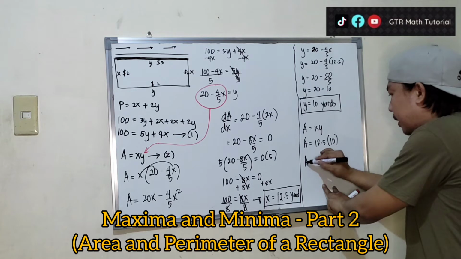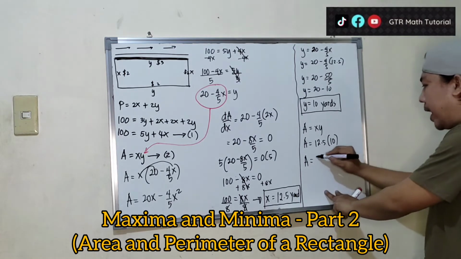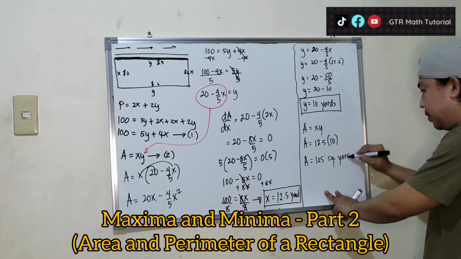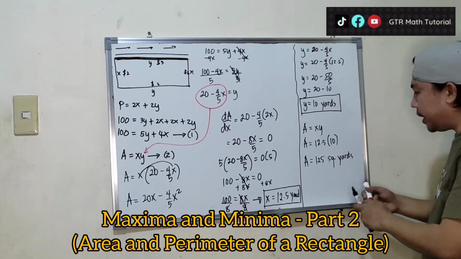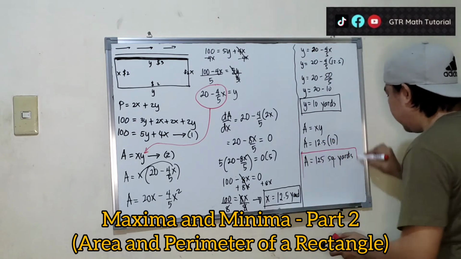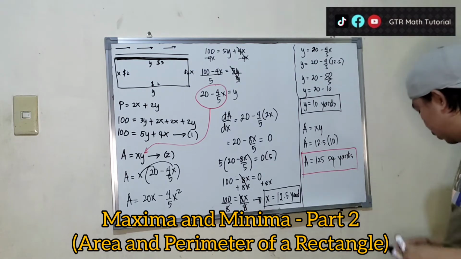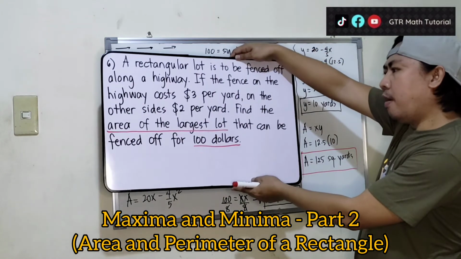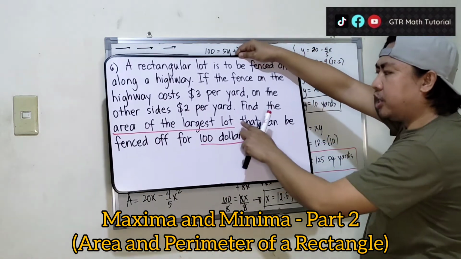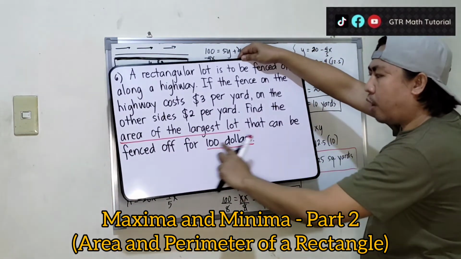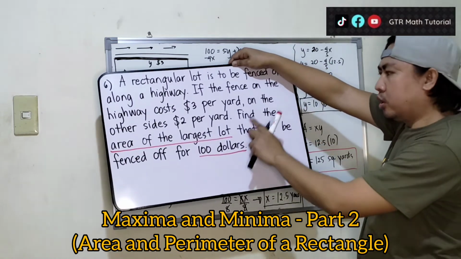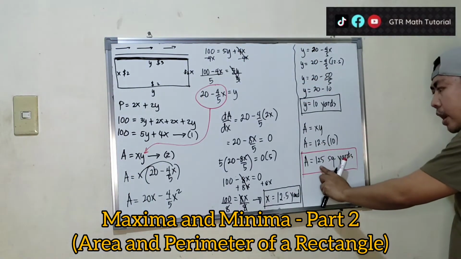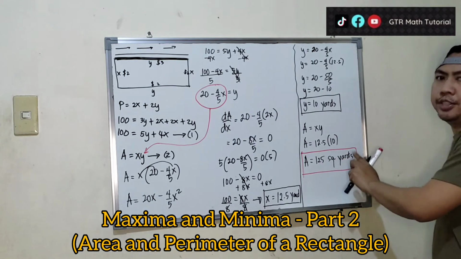So therefore, the maximum area is 125 square yards. So the final answer is that the maximum area is 125 square yards. So it's the question: find the area of the largest lot that can be fenced off for $100. So the area of the largest lot is 125 square yards.